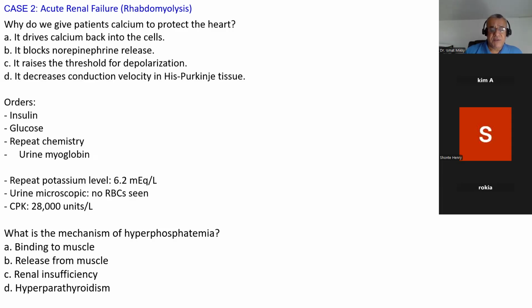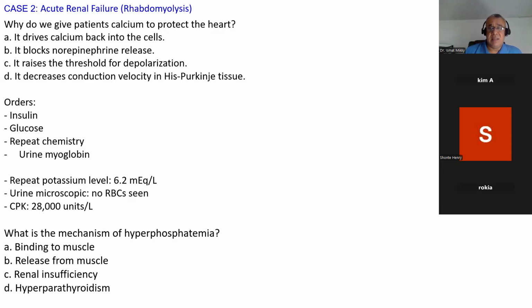So the hyperphosphatemia. Now, the patient has a high phosphate. The mechanism of hyperphosphatemia is that phosphate is released because of rhabdomyolysis.